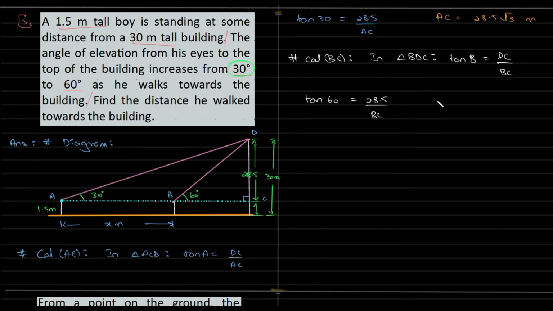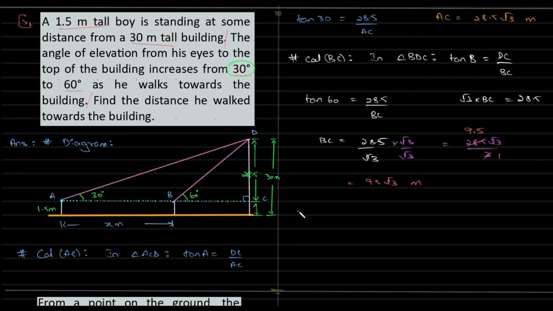This is BC. So I'll show you the calculation. BC into root 3 is equal to 28.5. Then I'll transpose root 3, so BC is 28.5 divided by root 3. Right. And I need to rationalize this, so I'll multiply and divide with root 3. So this is 28.5 root 3 by 3. So 3 nines are 27, 9.5 root 3. So BC is 9.5 root 3 meters.